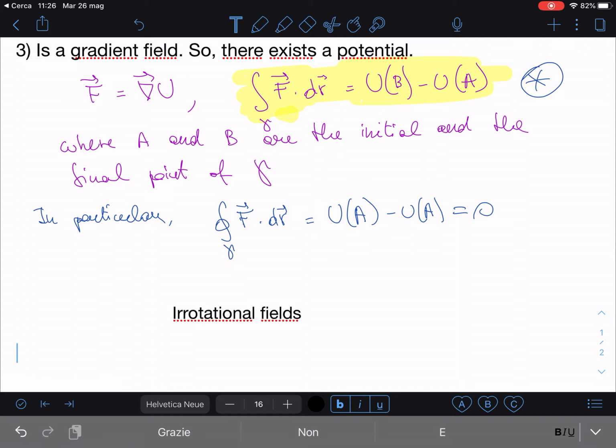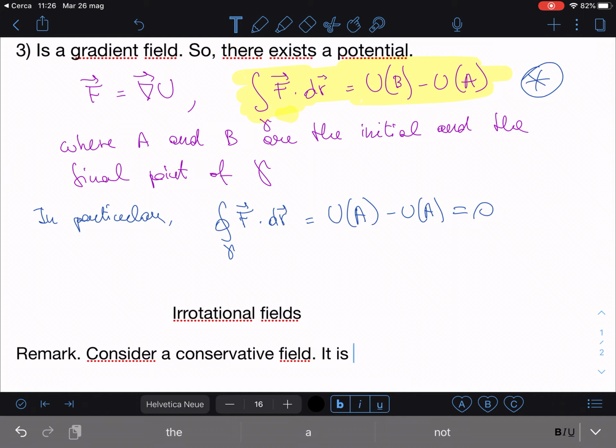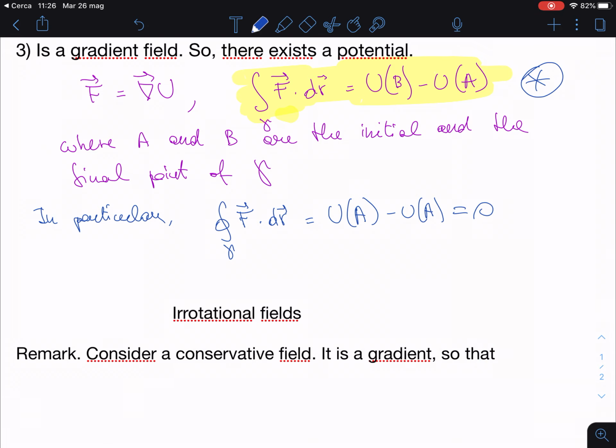So a first remark is the following. Consider a conservative field, so it is a gradient field, so that f is equal to the gradient of u.